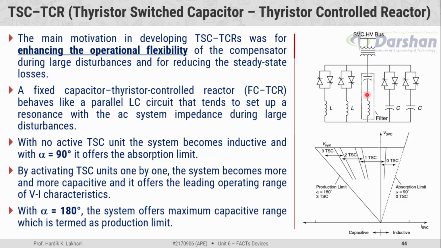So the limit corresponding to alpha equal to 180 degrees, where the maximum number of TSC branches are active, is known as the production limit. Thus, by controlling the firing angle alpha of each and every branch, we can have control from the inductive region towards the capacitive region.